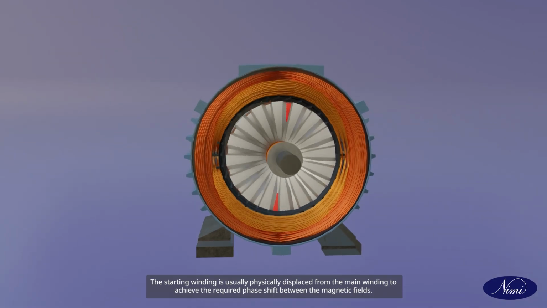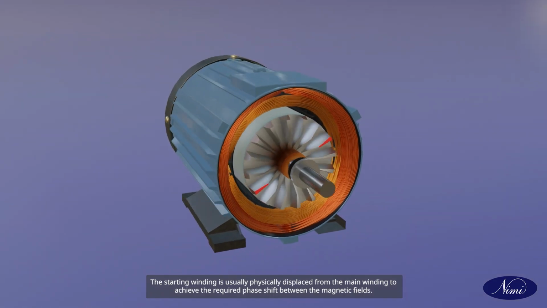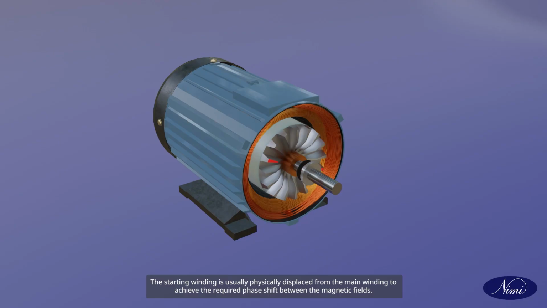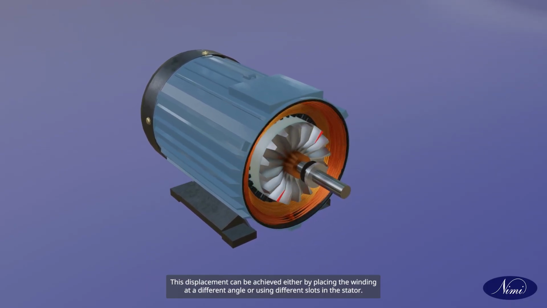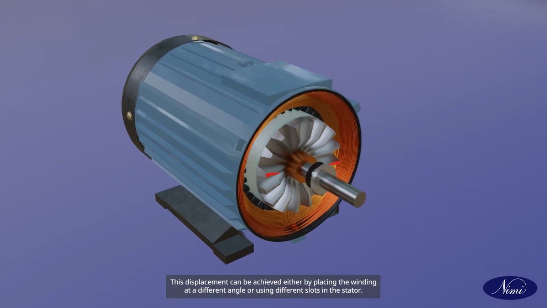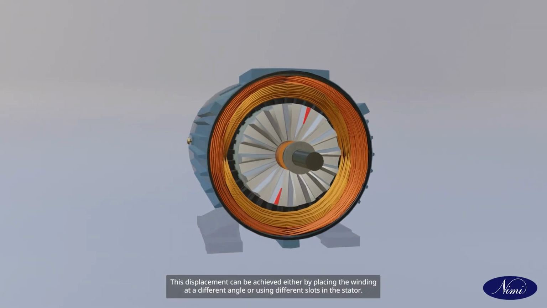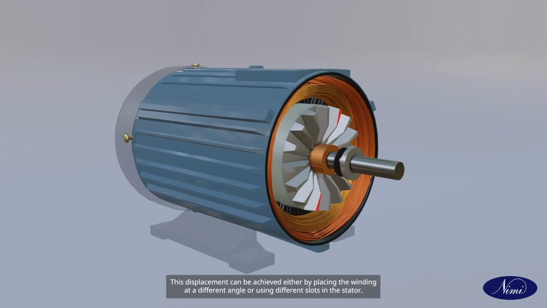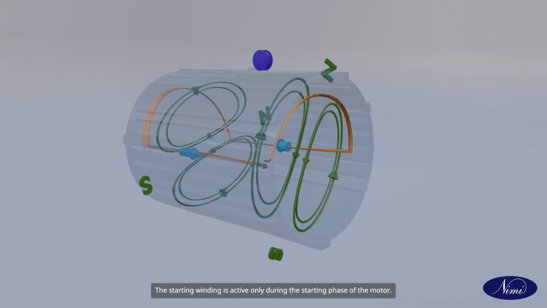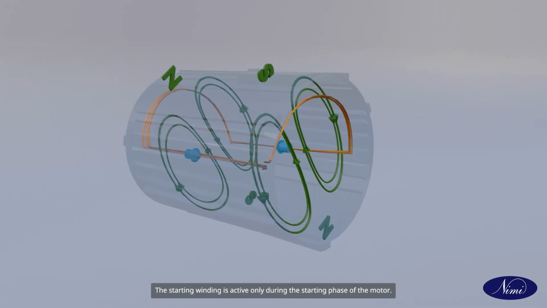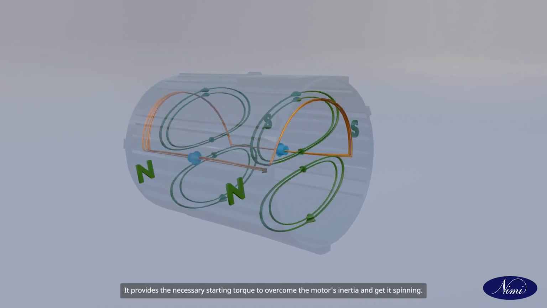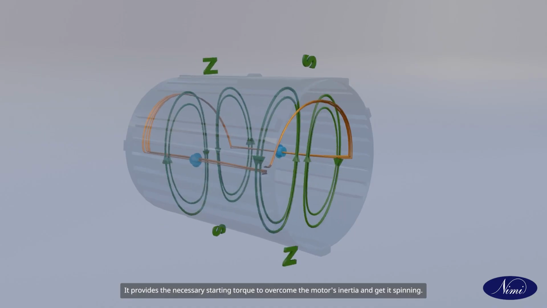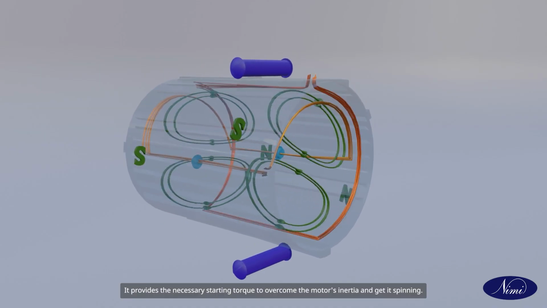The starting winding is usually physically displaced from the main winding to achieve the required phase shift between the magnetic fields. This displacement can be achieved either by placing the winding at a different angle or using different slots in the stator. The starting winding is active only during the starting phase of the motor. It provides the necessary starting torque to overcome the motor's inertia and get it spinning.